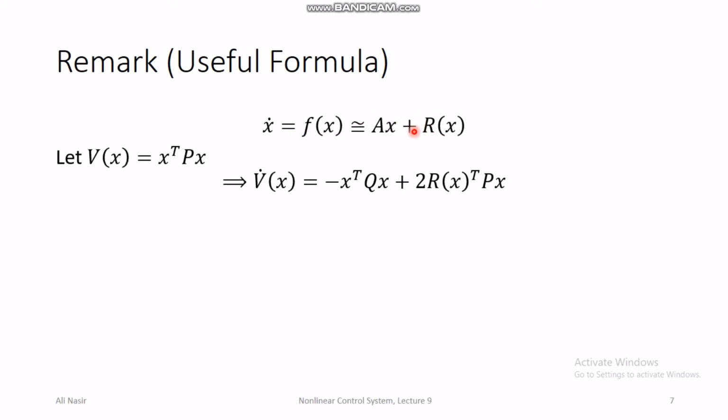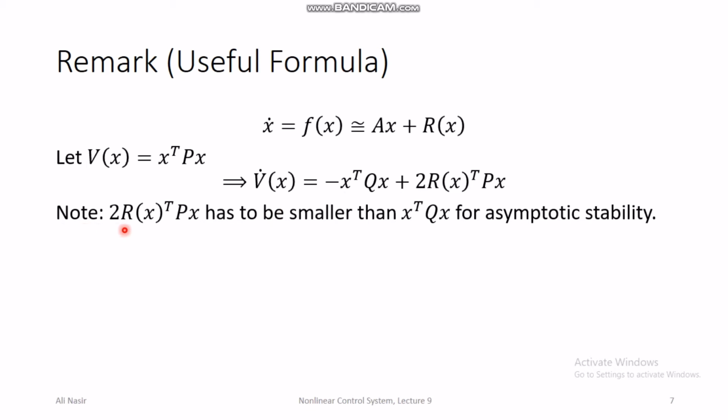If you are able to somehow characterize r of x, then you may be able to derive a region of attraction, or maybe a region around the equilibrium point where the results that you obtain from linear approximation are valid on the original nonlinear system.